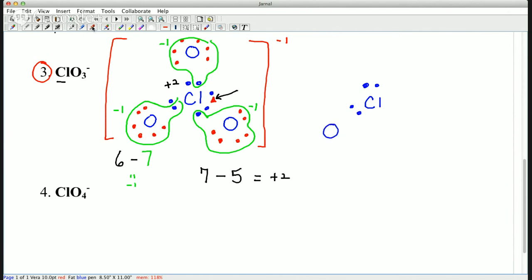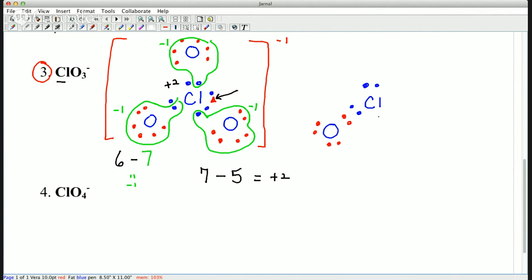I'm just guessing, but I know O wants to go to 0. So I'm going to make another double bond to this one. That leaves me with 2 lone pairs left. It satisfies oxygen's octet. I'm going to leave everything else alone for right now.